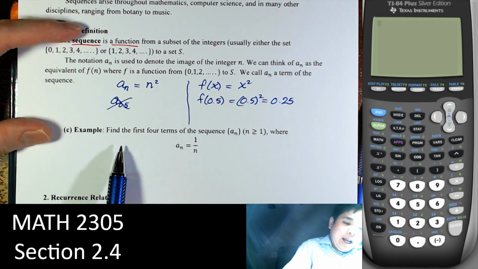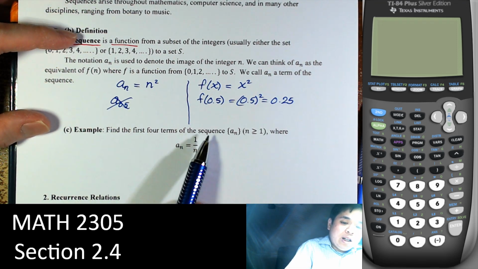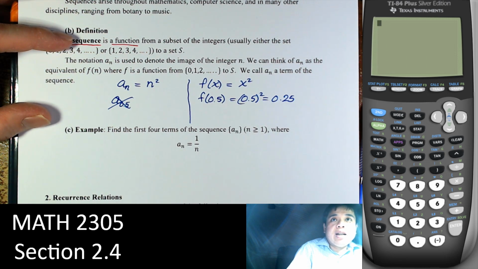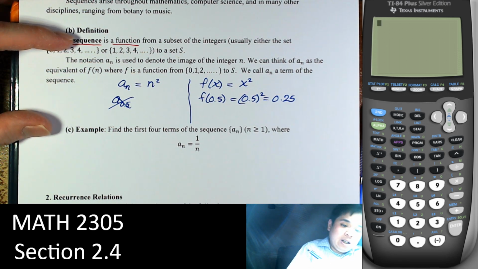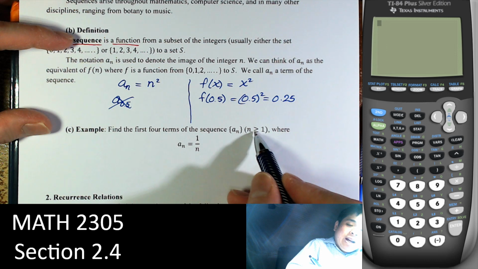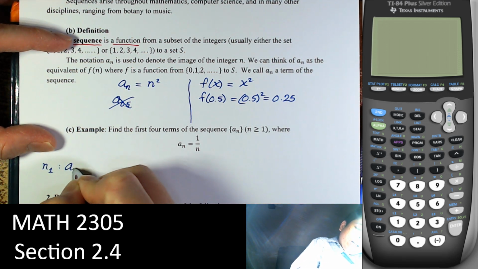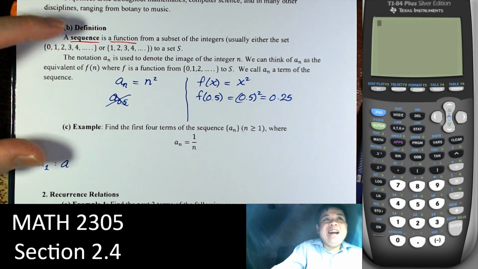Now, next, let's look at this example. Find the first four terms of the sequence. Well, that's easy enough. n greater than or equal to 1, so from n equal to 1, we have the first term.